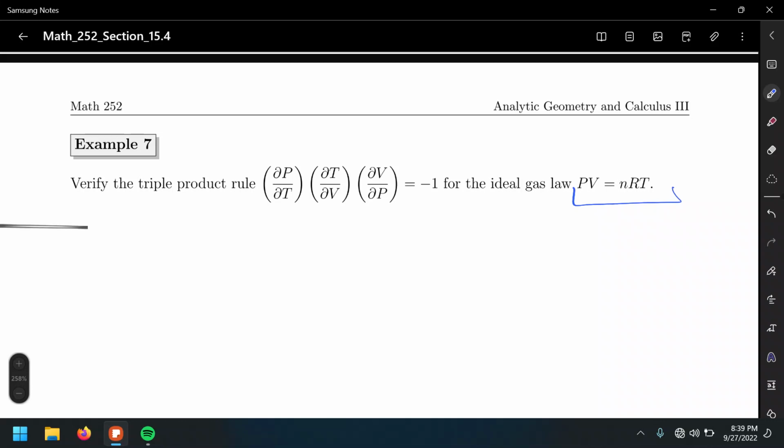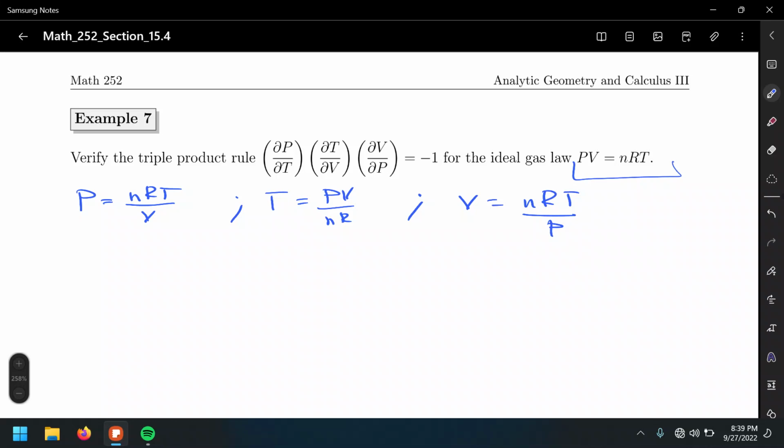Number one, let's solve for P. That's P equals nRT over V. This is what we're doing: we're writing one of the variables as a function of the other variables, T and V. We're also writing the temperature as PV over nR. And last but not least, volume equals nRT over P.